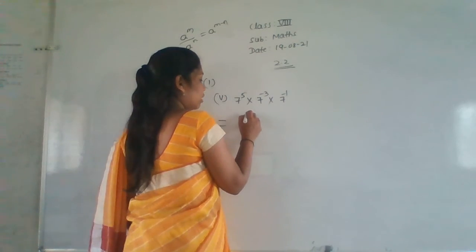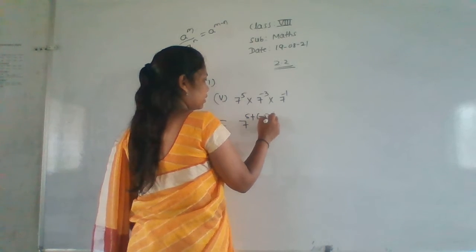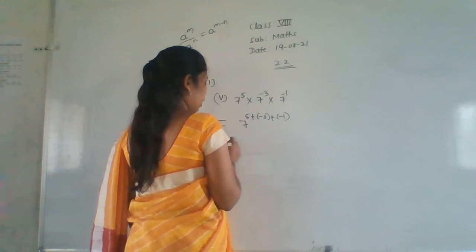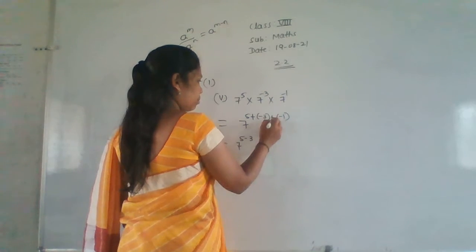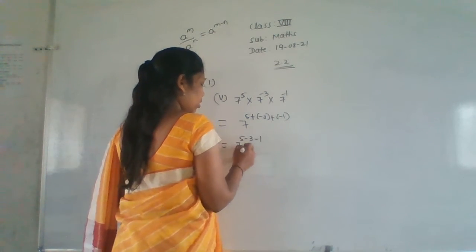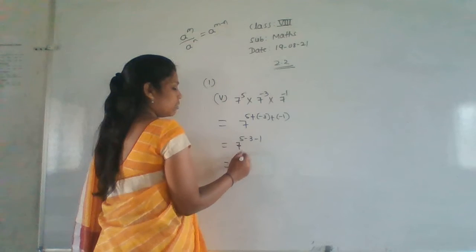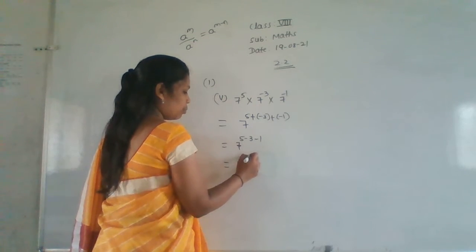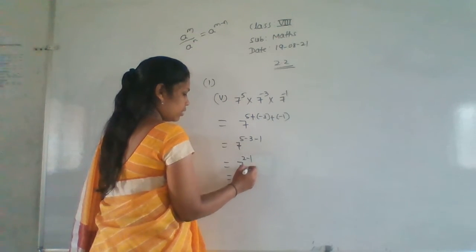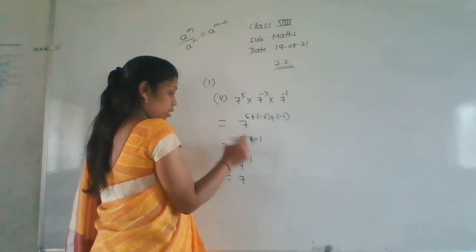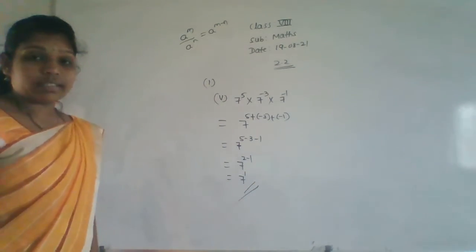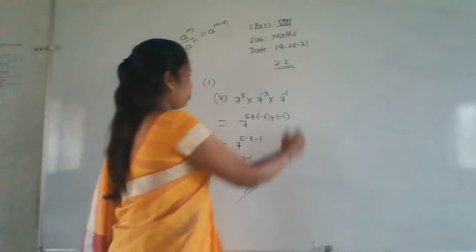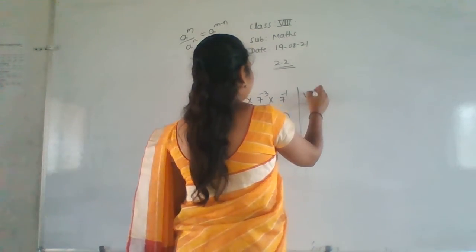So here 5 plus of minus 3 plus of minus 1. 5 minus 3 is 2, 2 minus 1 is 1. So what is the answer? 7 to the power 1 is the answer. It is nothing but 7 only. Next, sixth one.